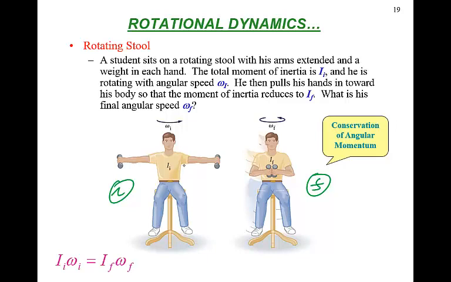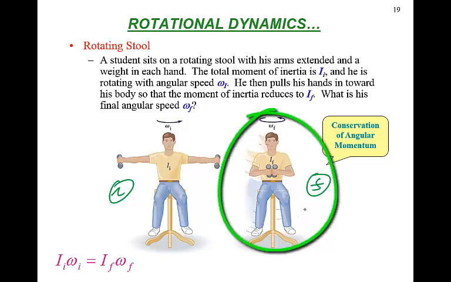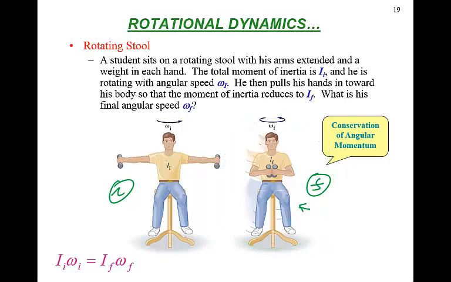So by bringing his arm in this final position here, the student has reduced the moment of inertia. Let me write down this one. I final is less than I initial in this case. But what do we know? We know that I initial omega initial equals I final omega final.